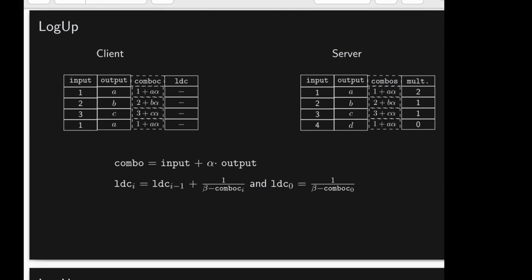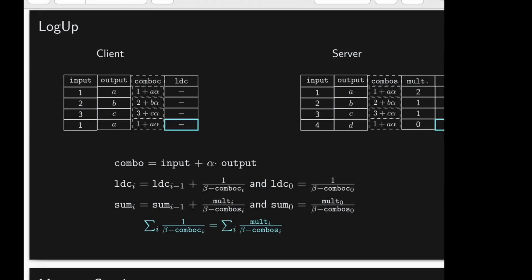So at the bottom of this extended auxiliary column, we get a large sum of 1 over something. We're going to compute the same sum on the side of the server, except now we're going to multiply every term by its multiplicity. So at the bottom of this auxiliary column, we also get a large sum of some number over some complicated expression involving beta.